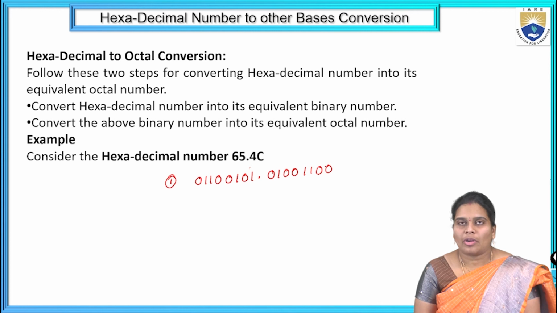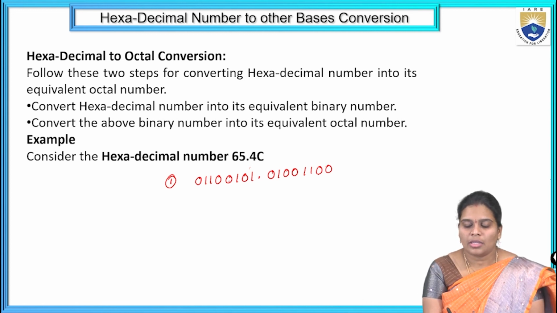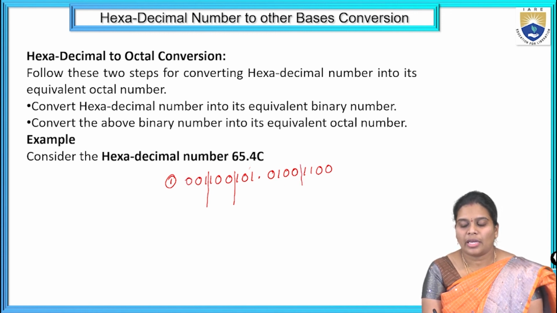Now I want to convert to the octal number system. In the octal number system, we use 3 bits only, so we separate into 3 bits. On the left side, this 3 is one group and this is one group, but here we have only 2 bits, so we add 1 more bit. On the right side, again we separate into groups.